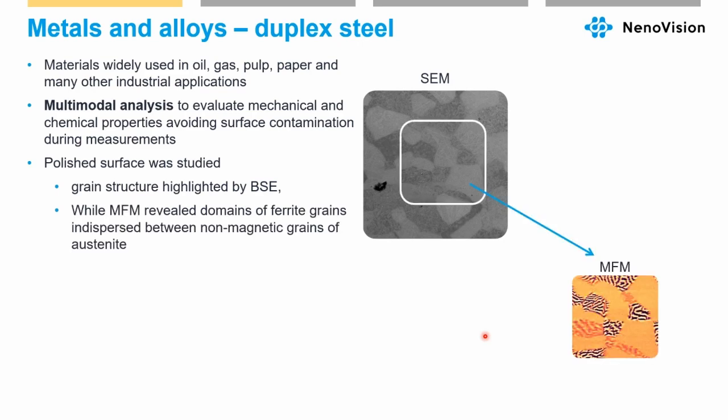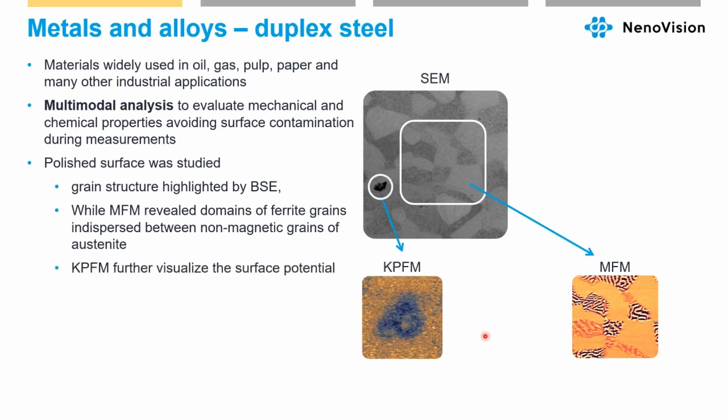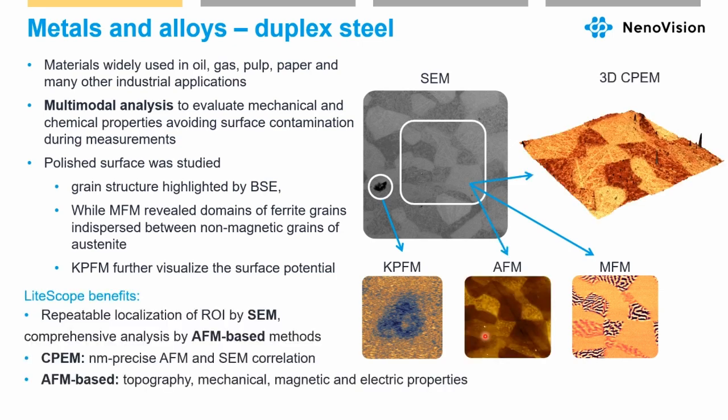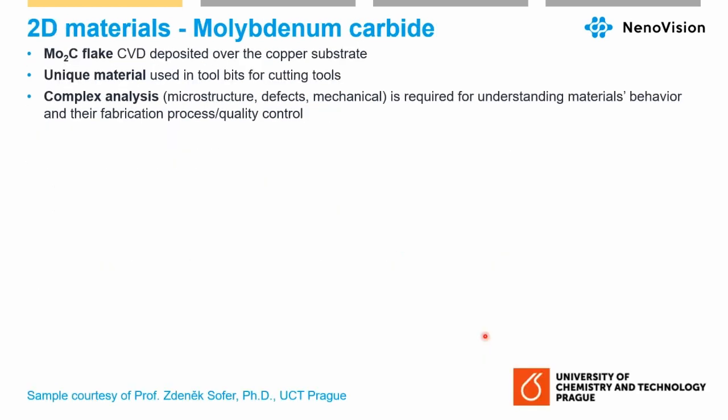Then directly using the LiteScope, you can measure magnetic properties of the different grains and see the domain structure. You can identify possible contamination, and using the KPFM technique, you can identify the different surface potential and identify contaminants. And also, you can directly correlate the topography with the SEM signal using our CPEM. So this is a very nice example for the analysis of metals in general.